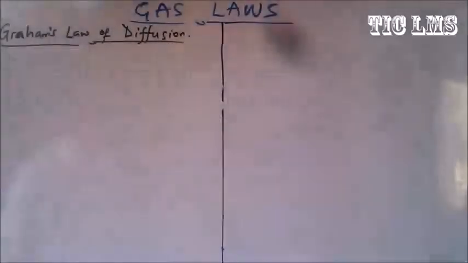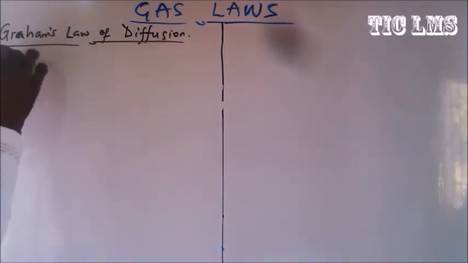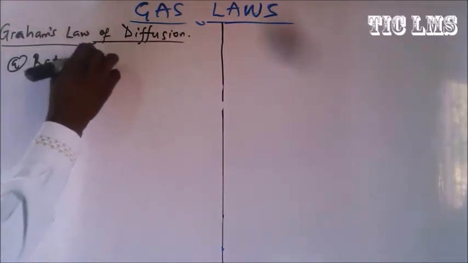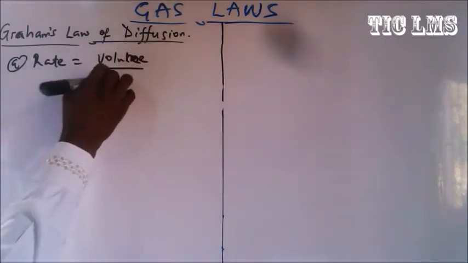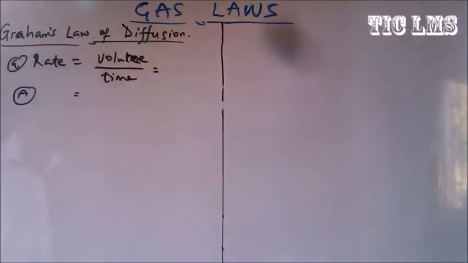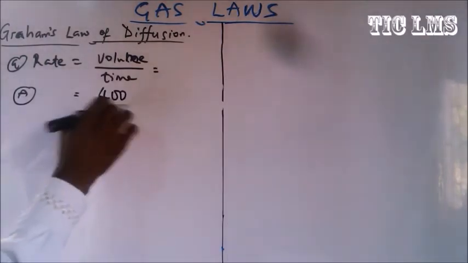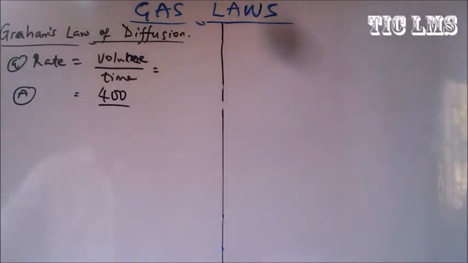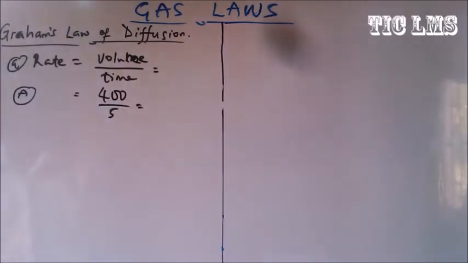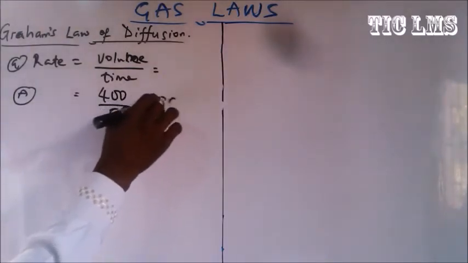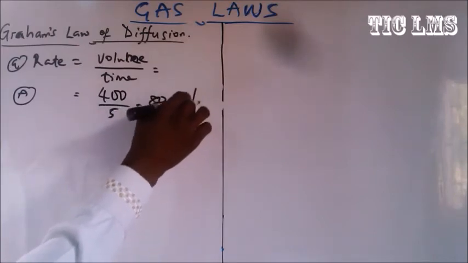So let's first state our parameters. We have to calculate the rate of diffusion of gas A and gas B. Here, rate is equal to volume over time. The volume of gas A is equal to 400 cm cubed, and it diffused through a porous partition in 5 seconds. Hence, its rate of diffusion is 80 centimeter cubed per second.